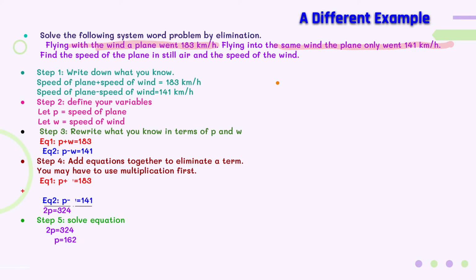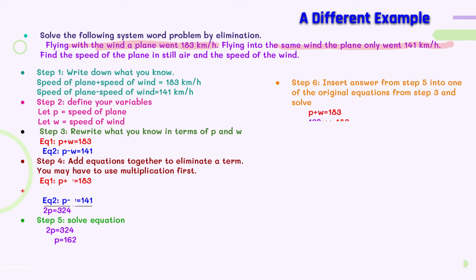P equals 162. My next step is to insert your answer from step 5 into one of the original equations from step 3 and solve. So P plus W equals 183. 162 plus W equals 183. If I subtract 162 from both sides, I get W equals 21.